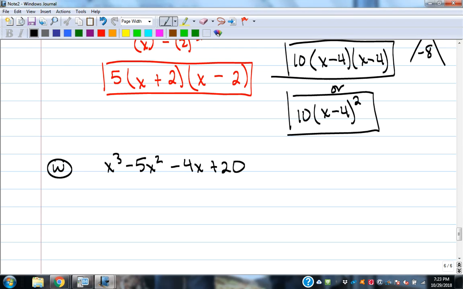Is it in order? Yes. Is there a GCF across the board with all 4 terms? No. But because there are 4 terms, we're going to do grouping. So first 2 together, what do they have in common?